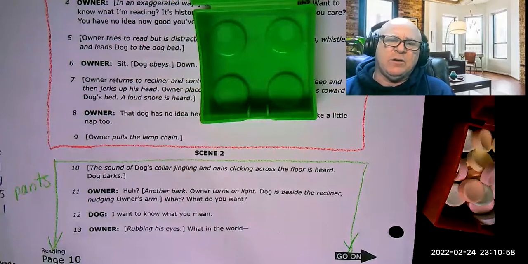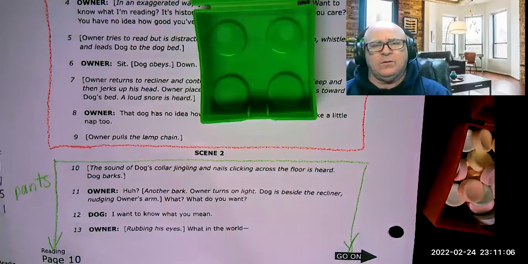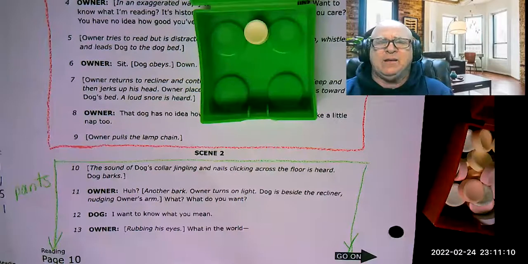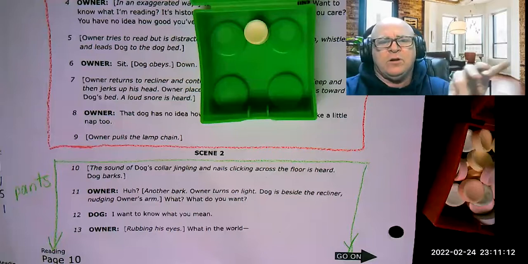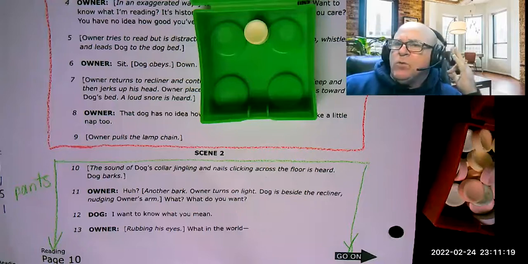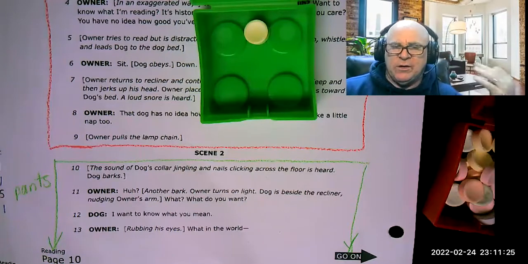The sound of the dog's collar jingling and nails clicking across the floor is heard. So if the dog's collar is jingling and nails clicking across the floor, those are two. I plug in Mr. Potato Head's ear to hear the collar jingling, because what are you seeing or doing or hearing?